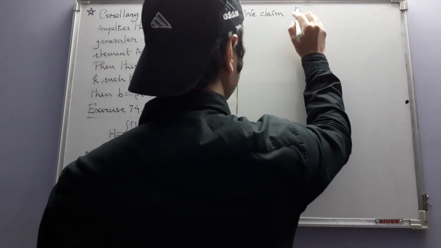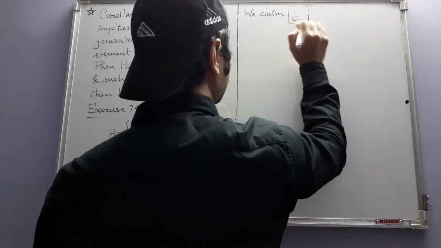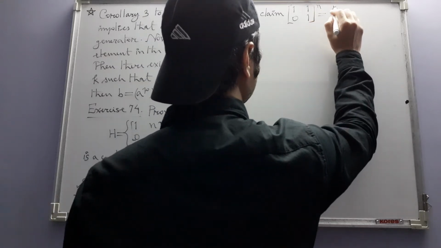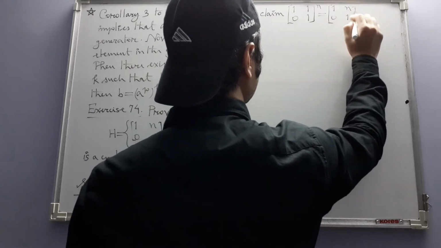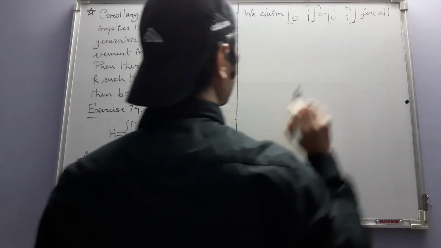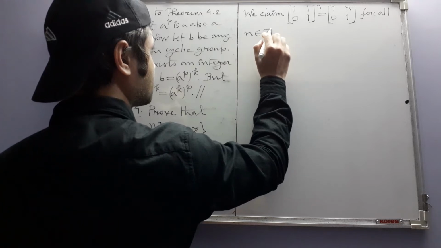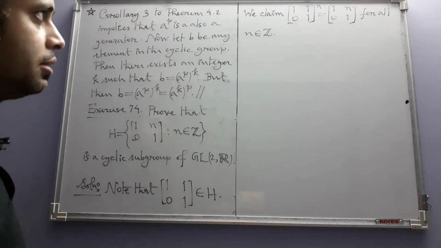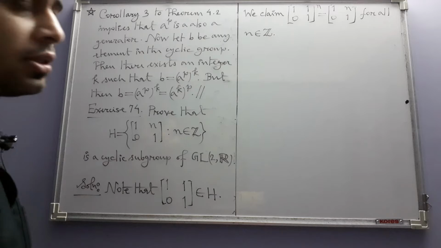We claim that the nth power of this matrix is nothing but this, for all integer n. We will now prove this claim by induction on n for non-negative values of n.